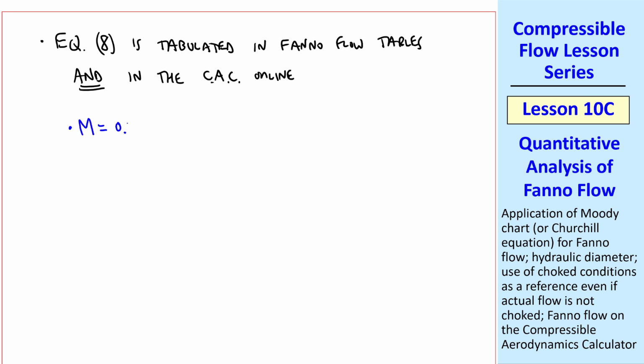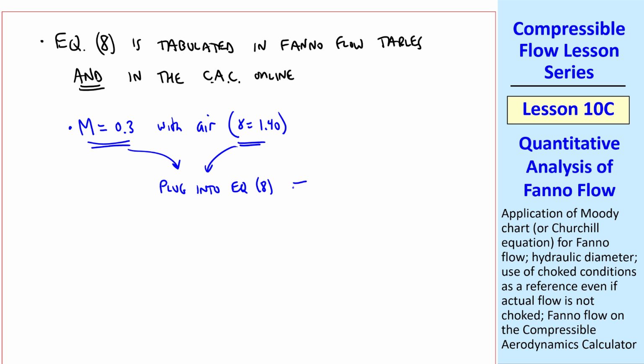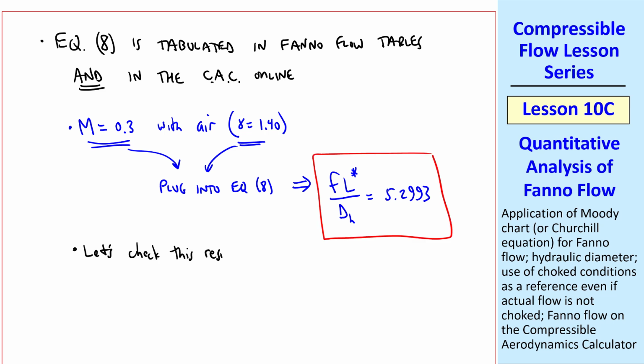Let's take M equals 0.3 with air as our gas. I plug this and this into equation 8, and without showing all my numbers, you can verify that this gives f L star over D_H equal 5.2993. Now let's check this result with the online compressible aerodynamics calculator.